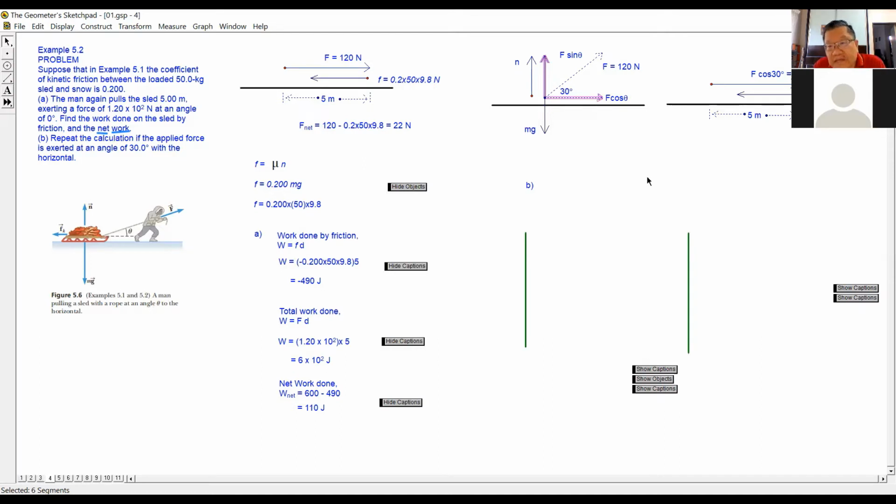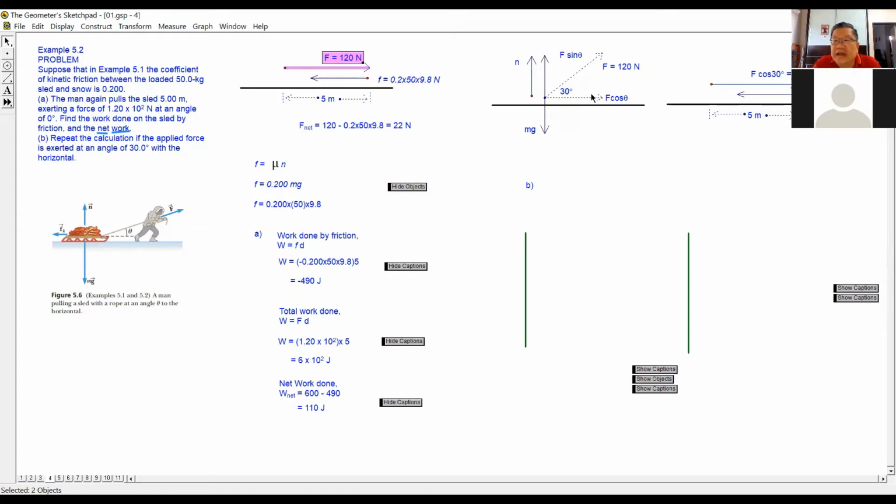Well, what is the significance of resolving them into two components? The significance is the force, the applied force, is no longer the full force. Earlier on, the applied force here is the full 120 newtons.